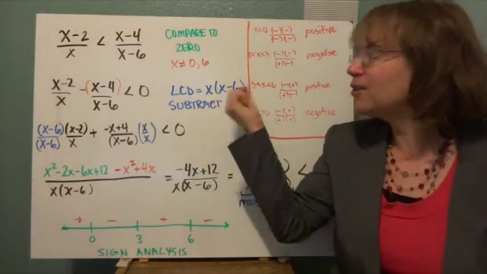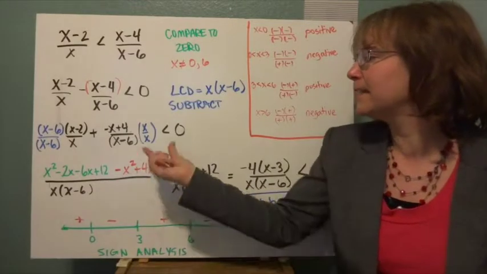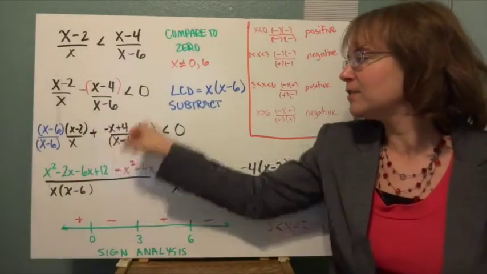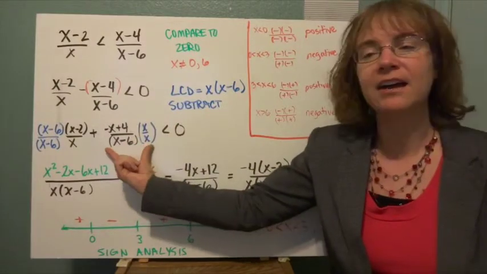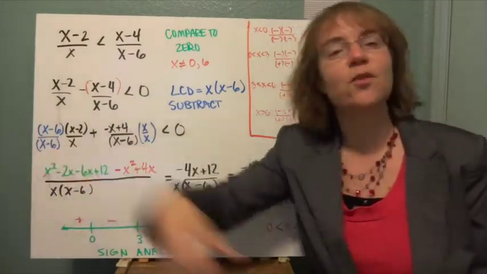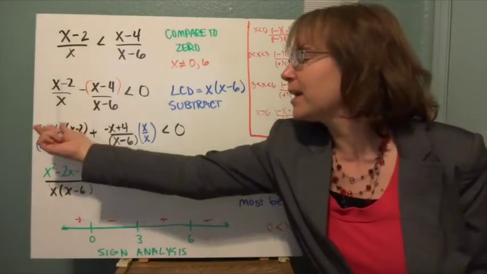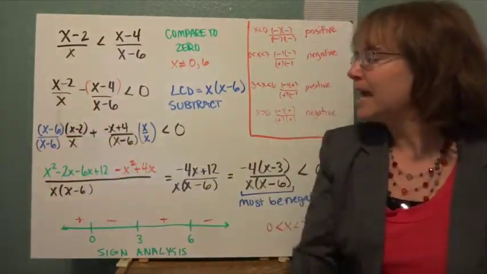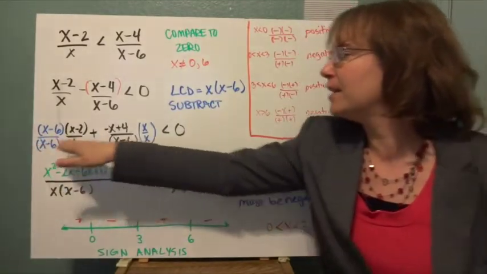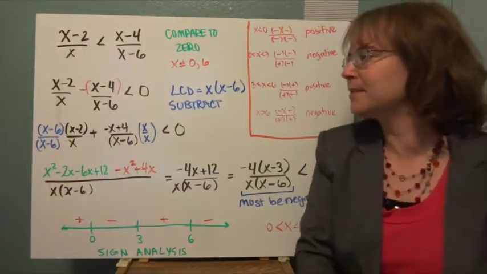My common denominator is going to be x times x minus 6. So this rational expression is going to need an x, so x over x, in order to have that common denominator. This one's going to need an x minus 6, so x minus 6 over x minus 6, just multiplying by a fancy one. And then doing that, I now have a common denominator, x times x minus 6.